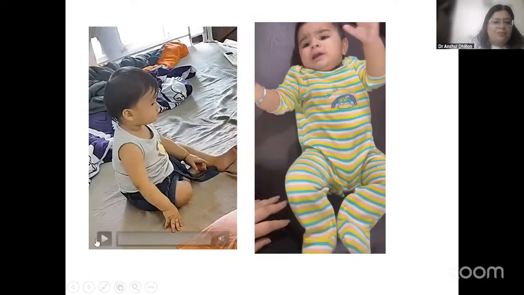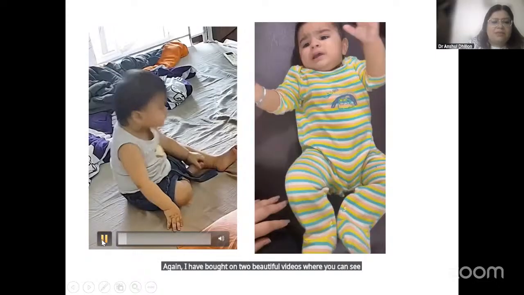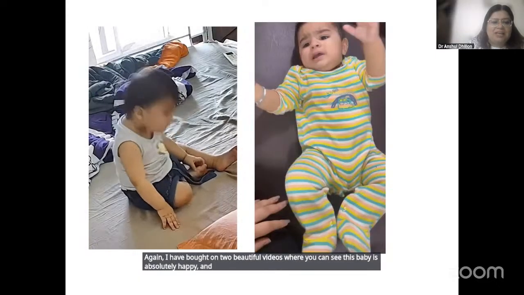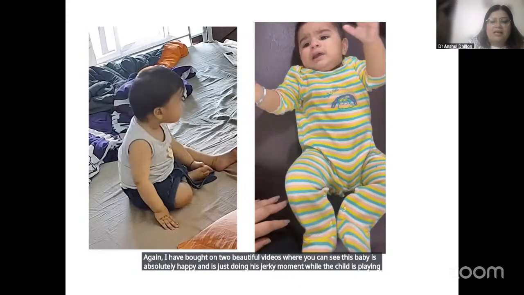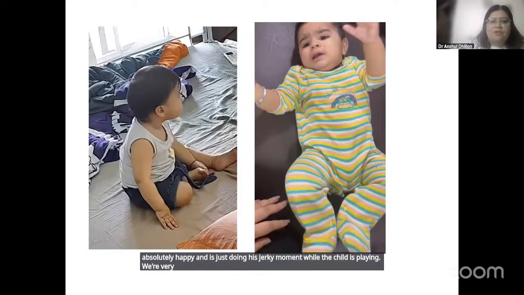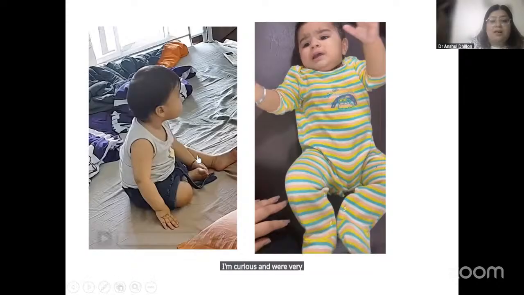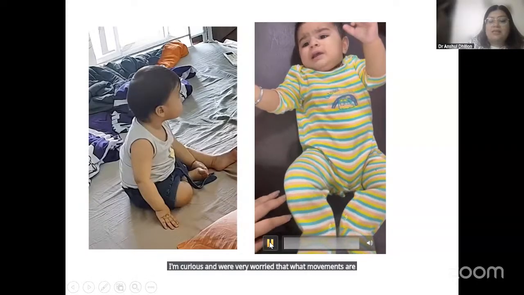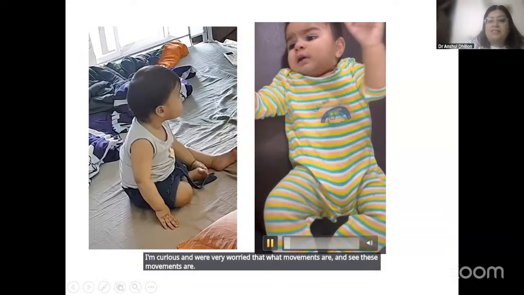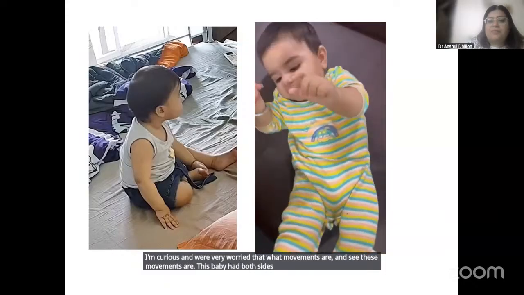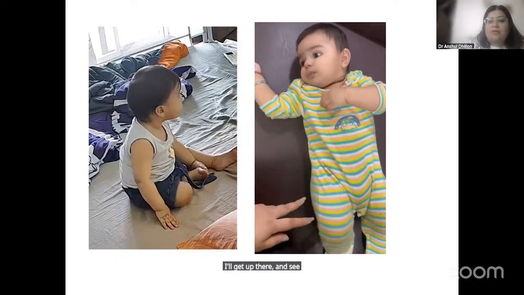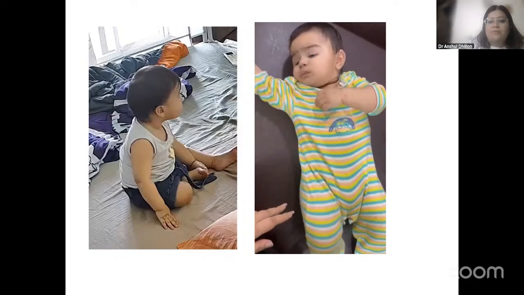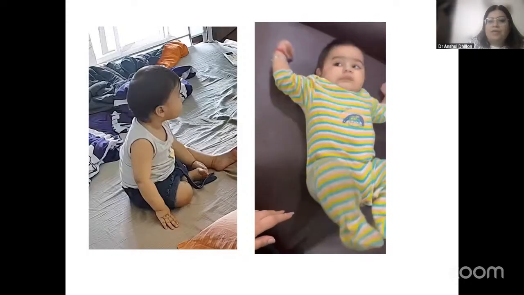Again, I have brought two beautiful videos where you can see this baby is absolutely happy and is just doing these jerky movements while the child is playing. Parents were very anxious and very worried about what these movements are, and see these movements. This baby had both asphyxia and was a bit upset, and see that jerky movement.